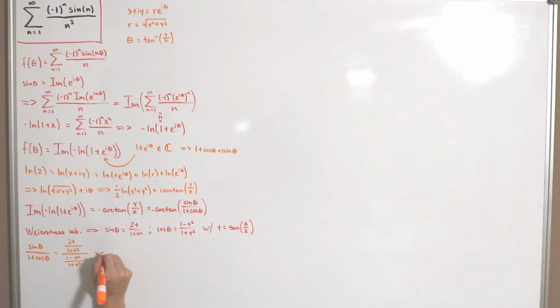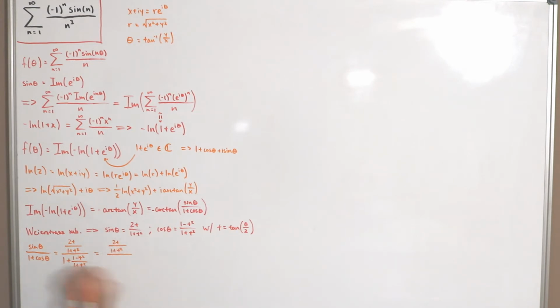Okay, if we do some further simplification, actually this is supposed to be plus 1 from that denominator, so 1 plus 1 minus t squared, then divided by 1 plus t squared. Okay, good. Now, like I said, let's further simplify this from the denominator. So 1 plus t squared.